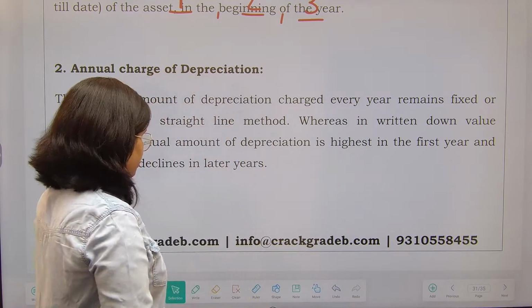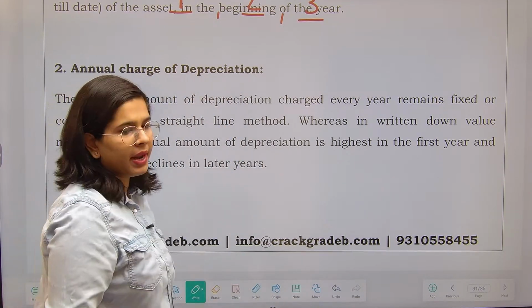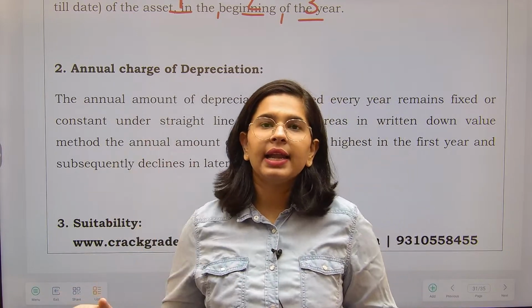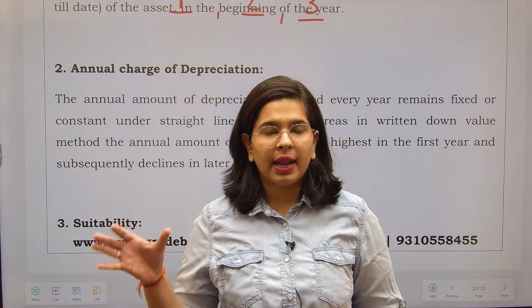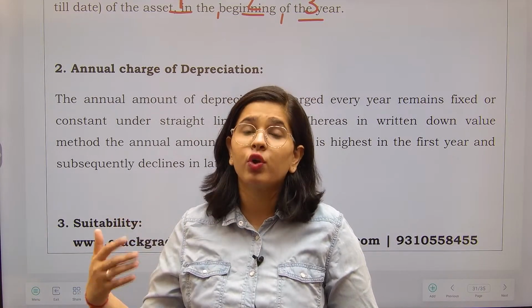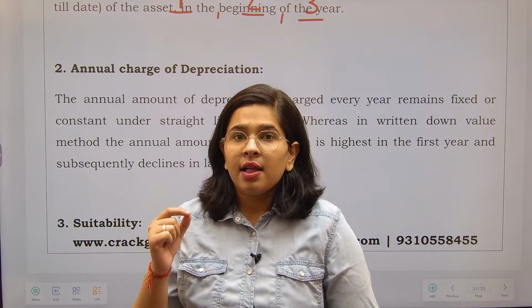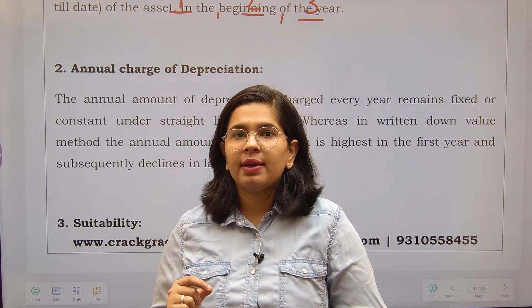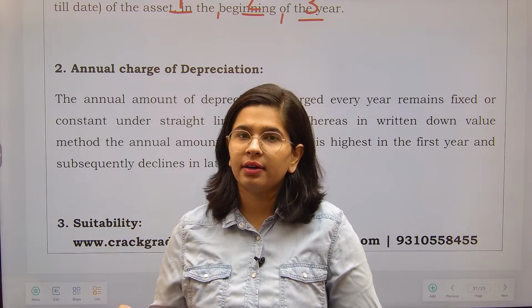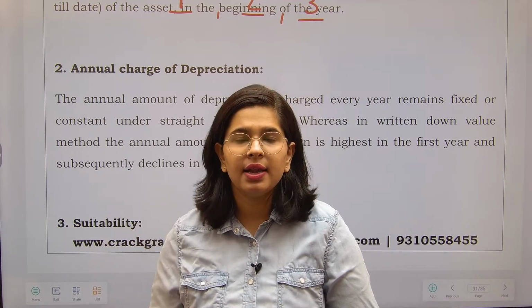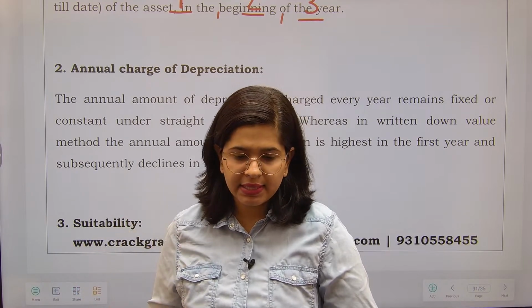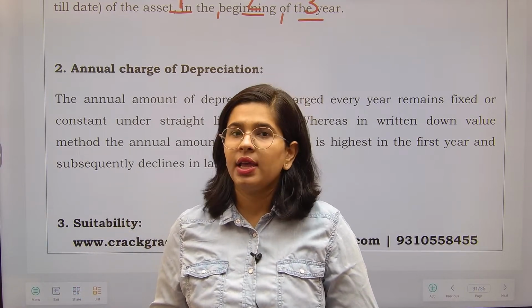Yes. So yesterday I made a comparison and I told you that in the straight line method your depreciation plus repairs charges will go on increasing. Please listen carefully to what I am saying. Yesterday I told you that every year under the straight line method depreciation remains the same but repairs expenses go on and on, right?